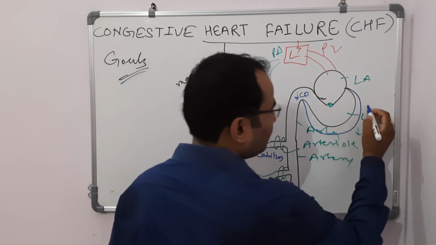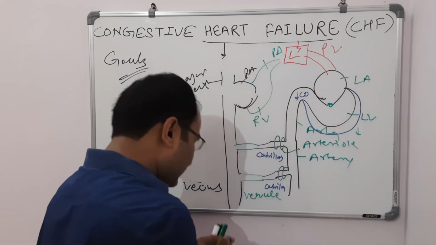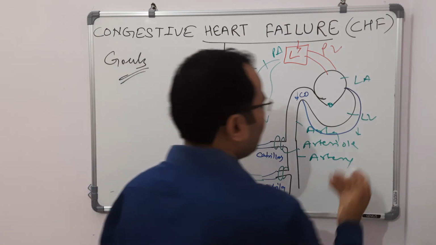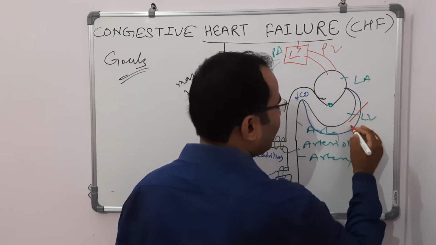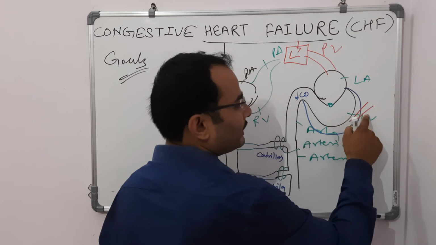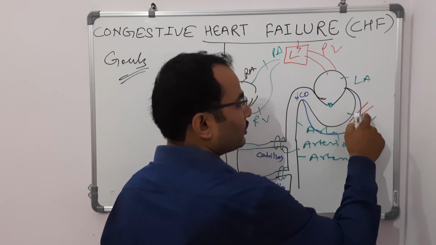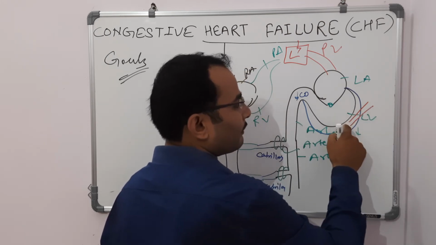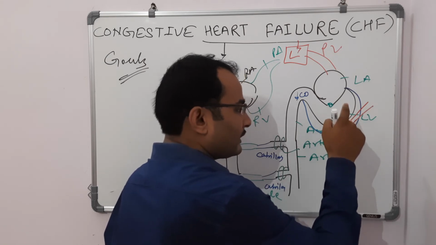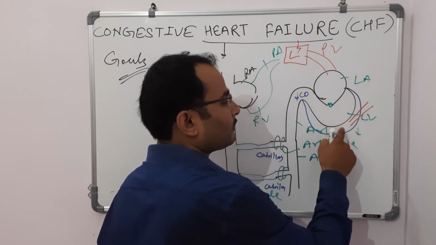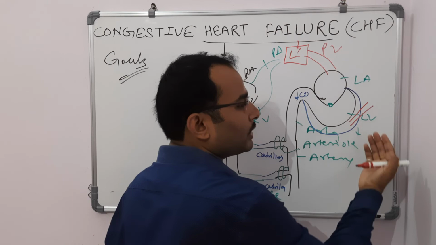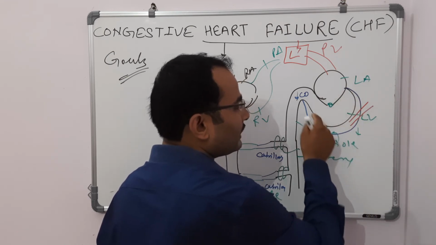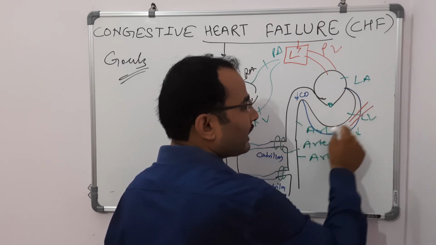Let's suppose there is a blood capillary and this capillary is not properly dilated, so that there will be less supply to the myocardium, and this coming blood is responsible for giving the nutrients so that this myocardium remains healthy.